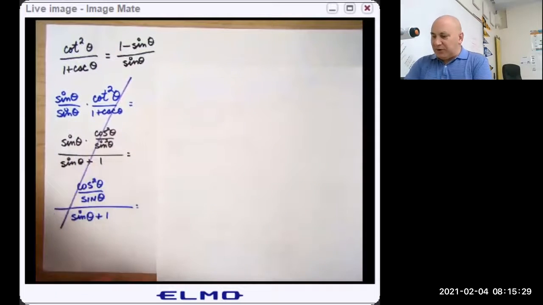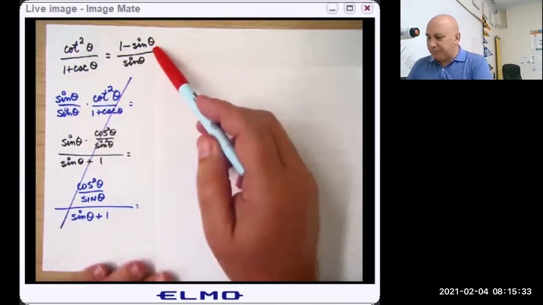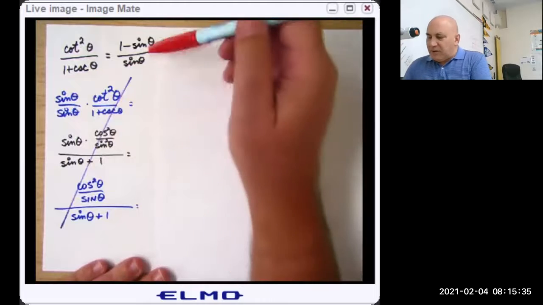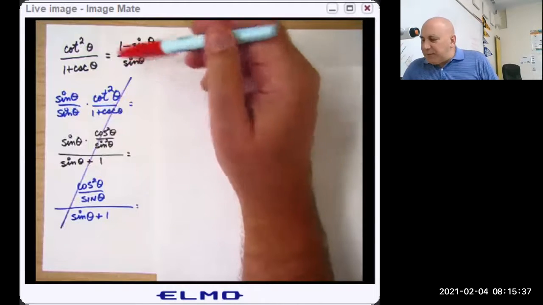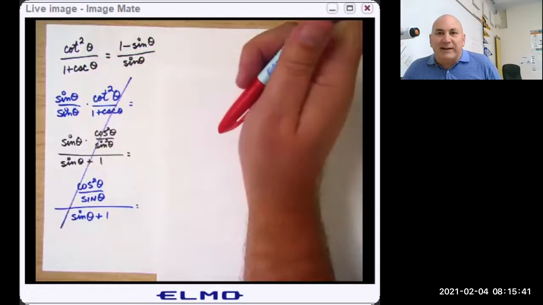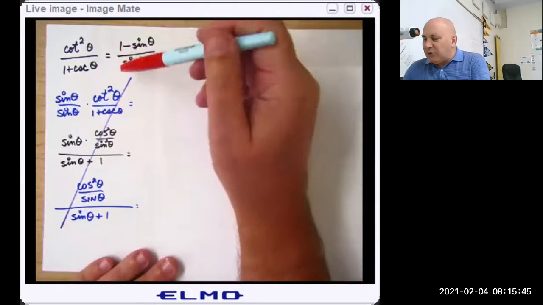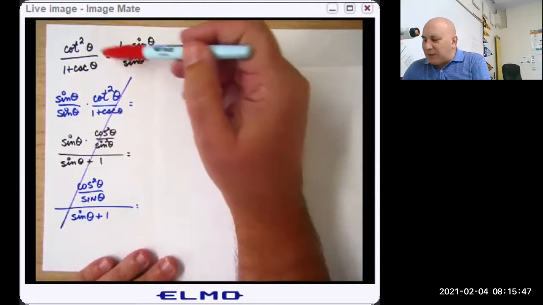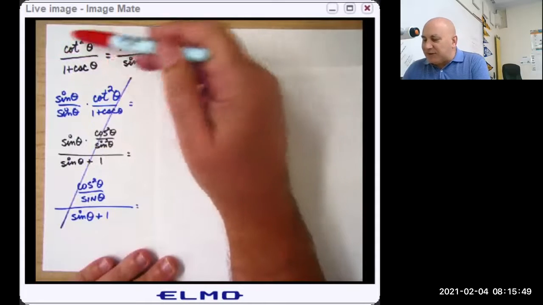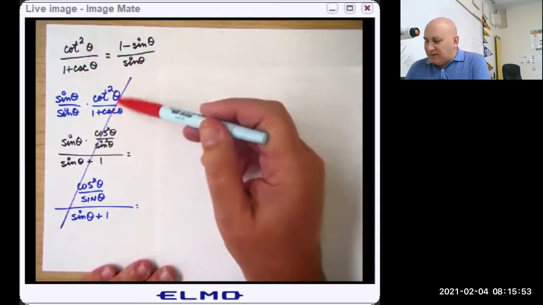So here's a problem I tried to do. Here's an interesting identity. Sometimes people want to cross multiply. Well, when you cross multiply, you're changing both sides of the equation, so you can't do that. So what I did is I multiplied this left side by sine theta over sine theta.